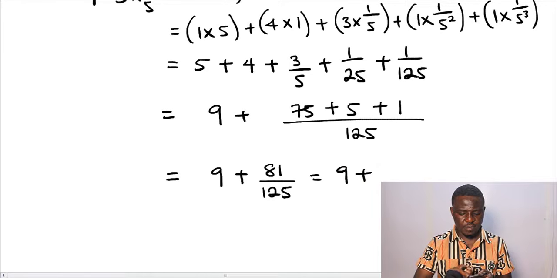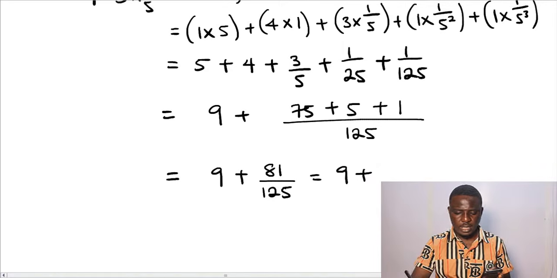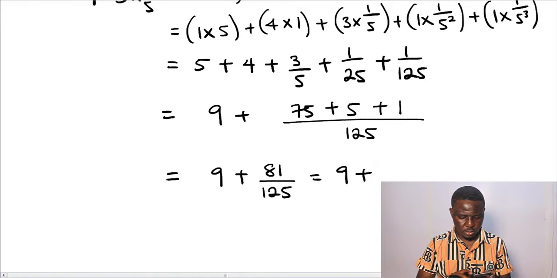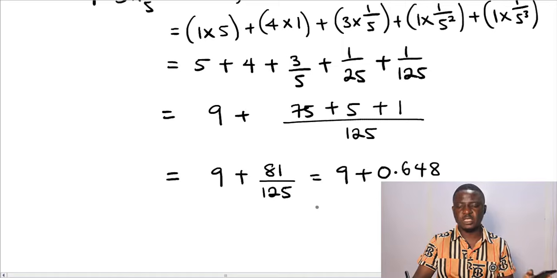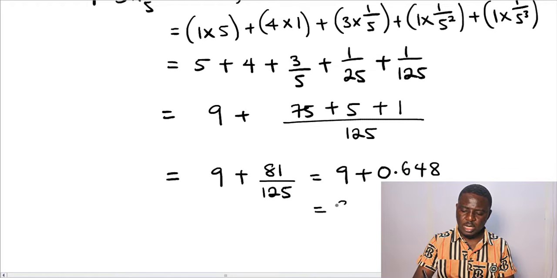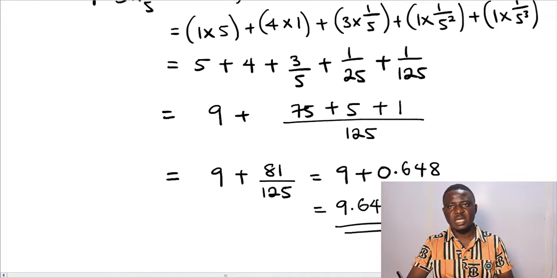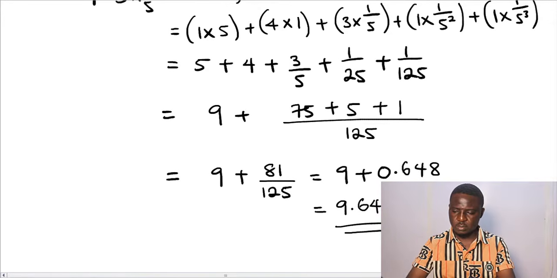So 81 divided by 125 is said to be 0.648, and when you add it to 9, it gives you 9.648. This is our equivalent in base 10.